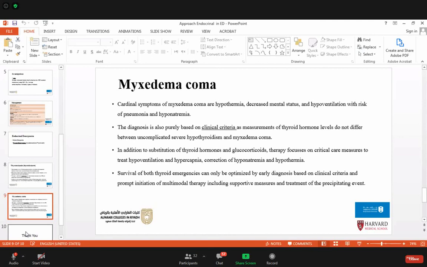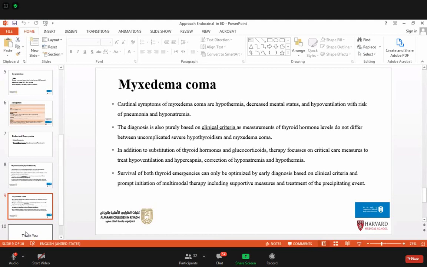So you check the thyroid level, but that will not stop you from doing the management. It's a clinical decision. It's not dependent on the thyroid level, the TSH or the T3, T4. You consider it the possible diagnosis, and you act accordingly to protect the patient.